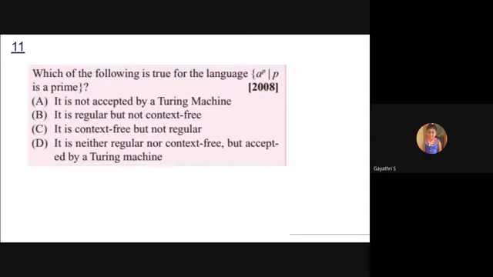For level B, is neither regular nor context free, but except for the termination. Okay. What about others?